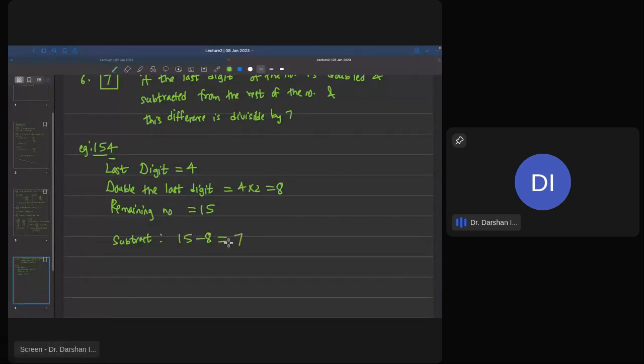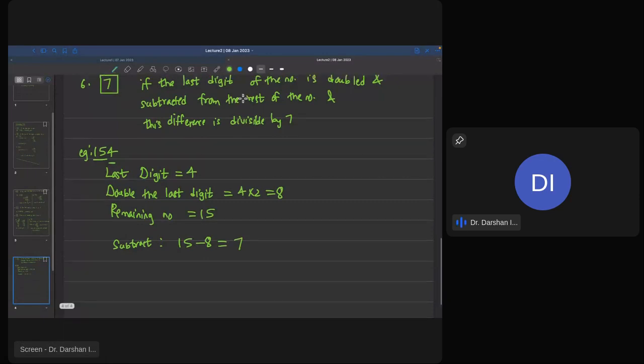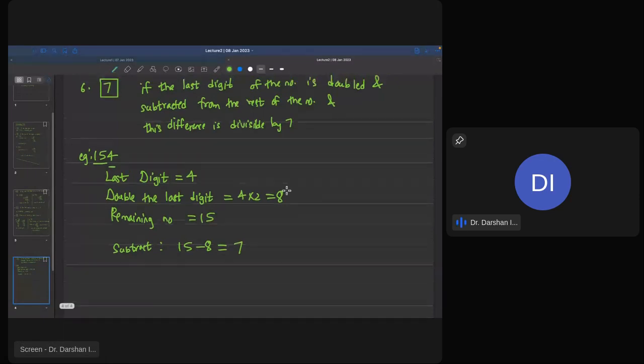We have 15 minus 8, not 8 minus 15. Answer is 7. Now I have to check whether the difference is divisible by 7. So I check 7 divisible by 7.